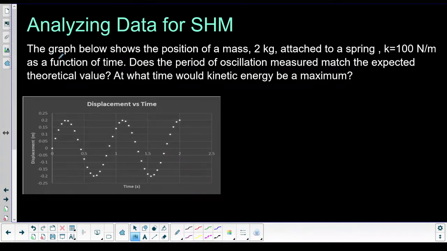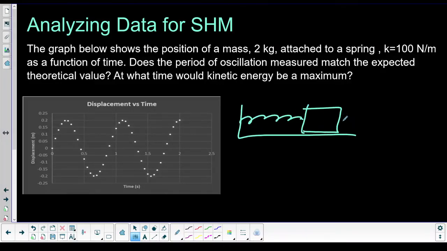So it says the graph below shows the position of a mass of 2 kilograms attached to a spring with a spring constant of 100 newtons per meter as a function of time. So you've got this thing. Presumably they displace it and then it oscillates back and forth. Here is the position as a function of time. So they put like a motion detector here.